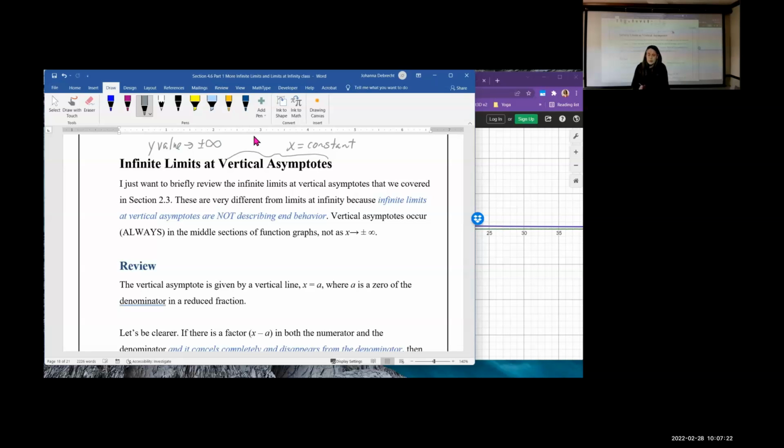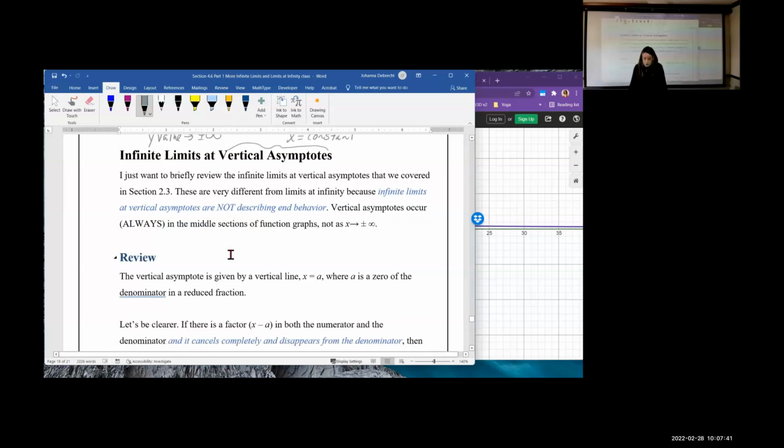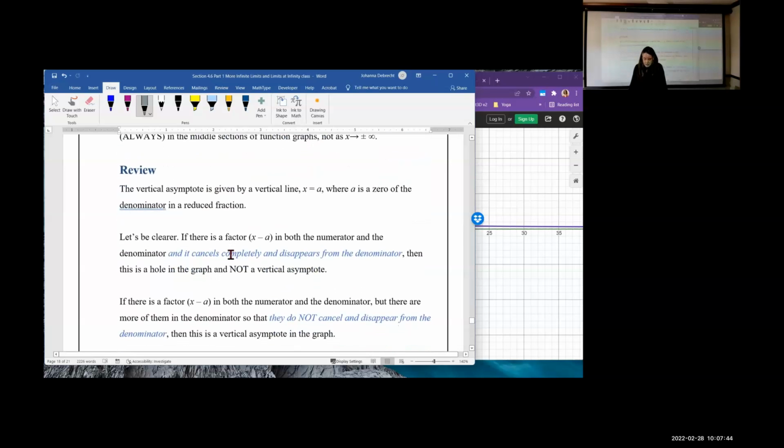So we're not talking about end behavior anymore. We're talking about an actual point on the interior of the graph where we have a vertical asymptote and the y value is going to infinity or negative infinity. Okay, now we've already covered these a little bit earlier in section 2.3, but we just want to review them a little bit right here.